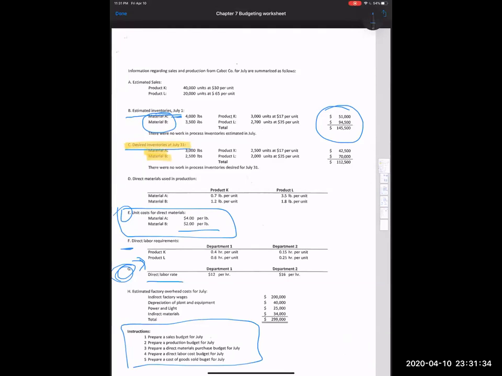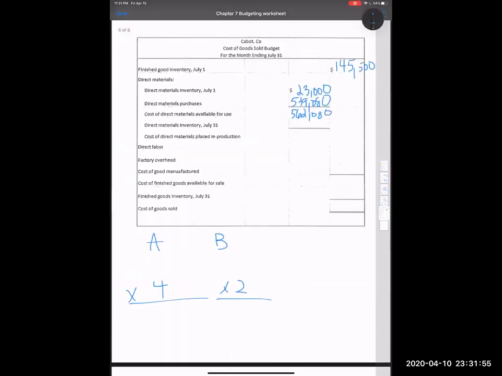Here's A and B. So there's my 3,000 and that's my 2,500. We already know that here is our material cost for A and B, $4 and $2. So I'm not gonna replicate that, but I do need to know my inventory as of July 31st, which is 3,000 and 2,500 for A and B respectively. Okay, so that's what I'm gonna put here, 3,000 for A and 2,500 for B.